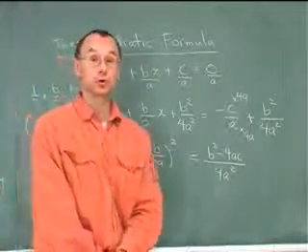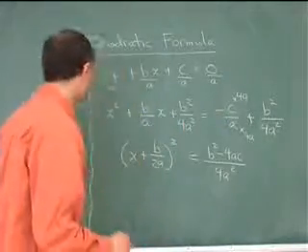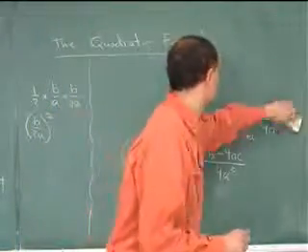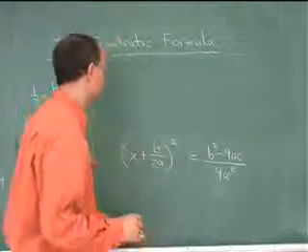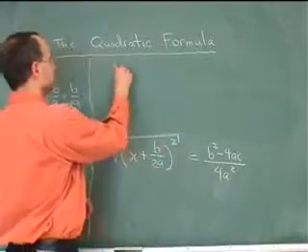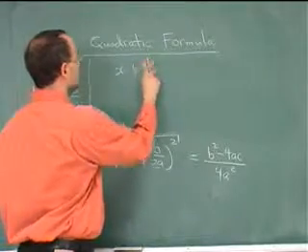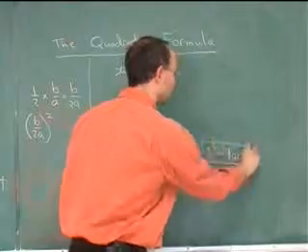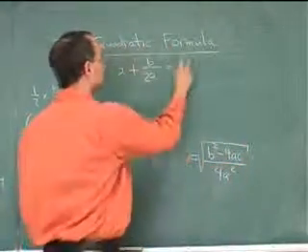Now we're going to square root both sides of the equation. When I square root, that's going to undo the squaring. So I'm going to be left with x plus b over 2a. And on the right side, I'm going to end up with plus or minus.